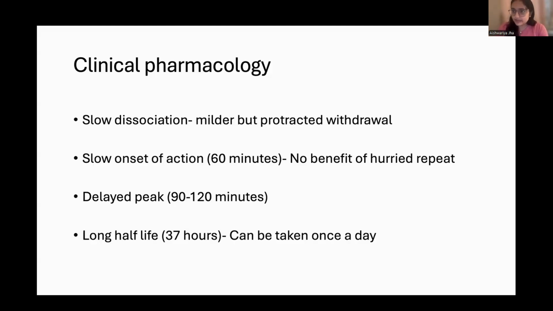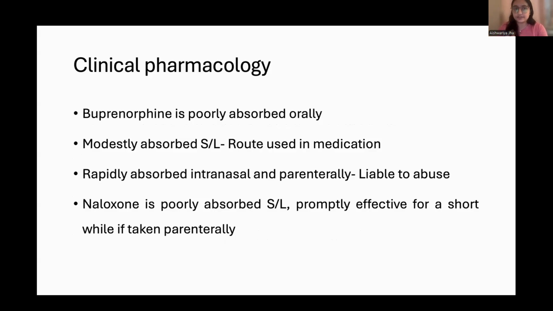It has a delayed peak of 90 to 120 minutes, and it has a long half life of about 37 hours, which facilitates once a day dosing. And that, for a person who has been using illicit substances, can make a world of a difference, because now they just have to focus on this one medication and then they can carry on with the other responsibilities of life.